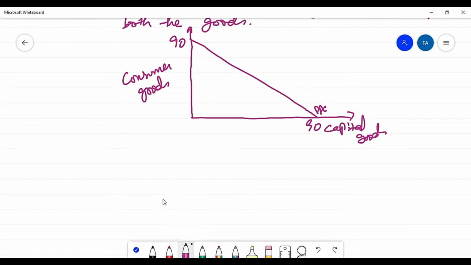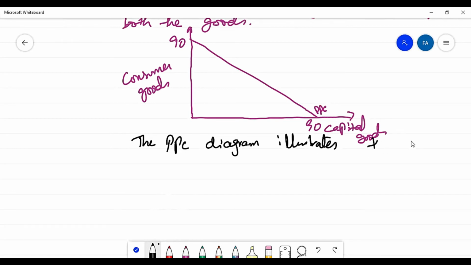Okay, I will make a new diagram, but before making a new diagram, what I'll write is this. The PPC diagram illustrates the concept of scarcity and opportunity cost.